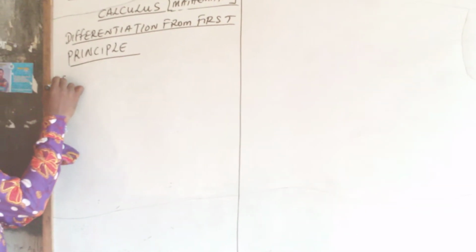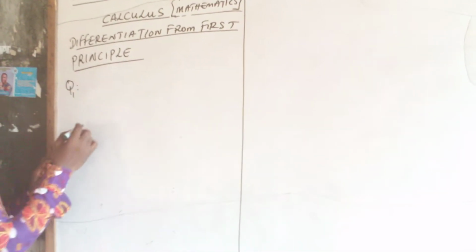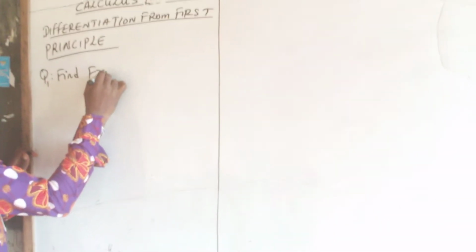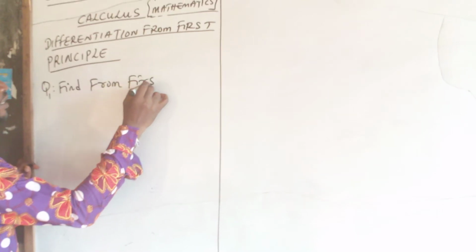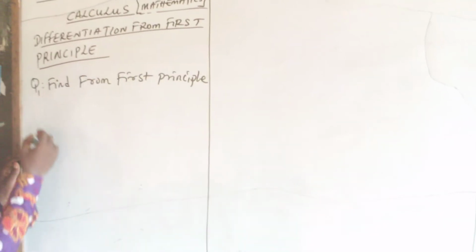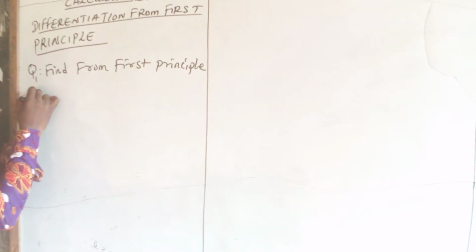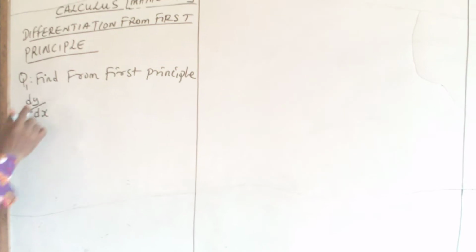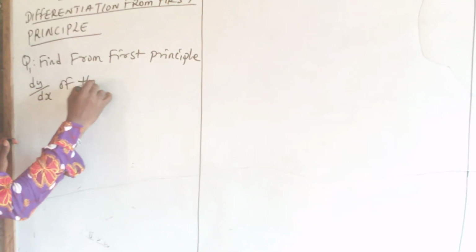So number one, question number one. If you are asked to find, from first principle, dy over dx, that is the differentiation of the following.